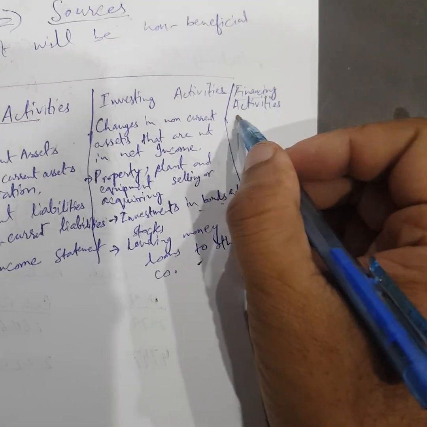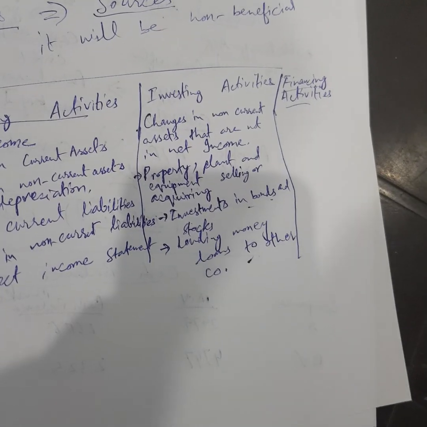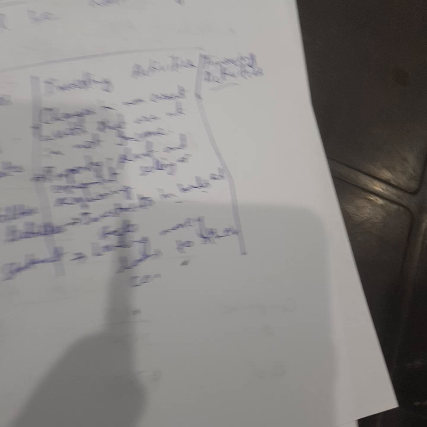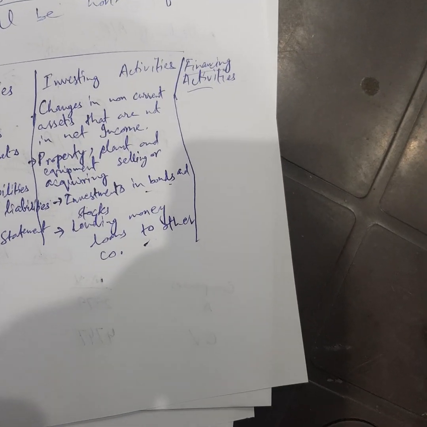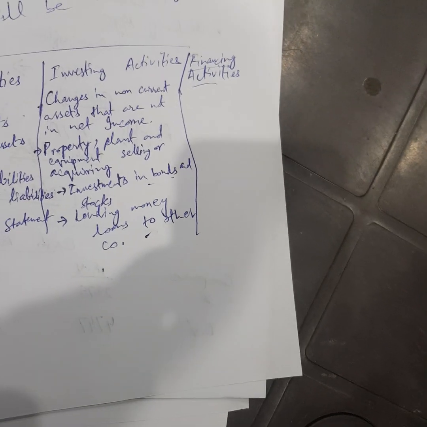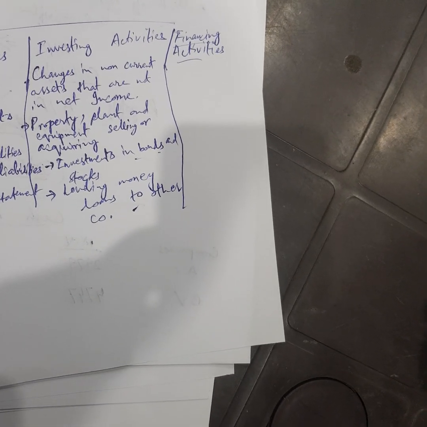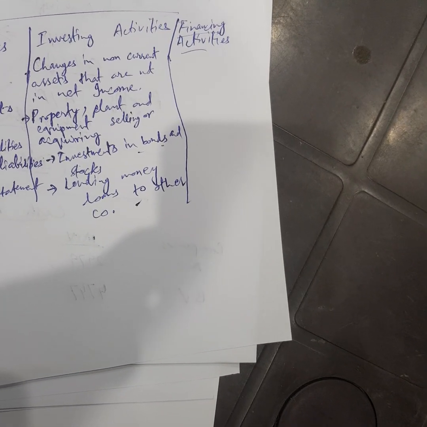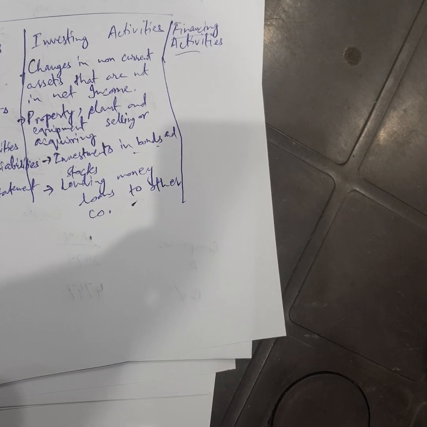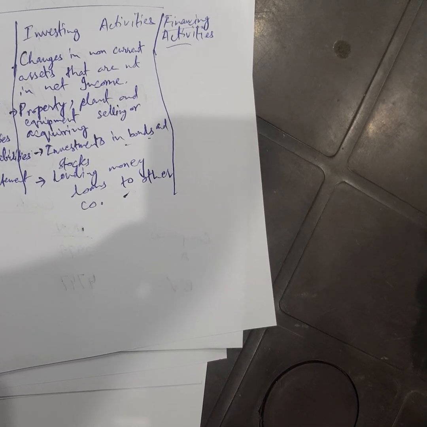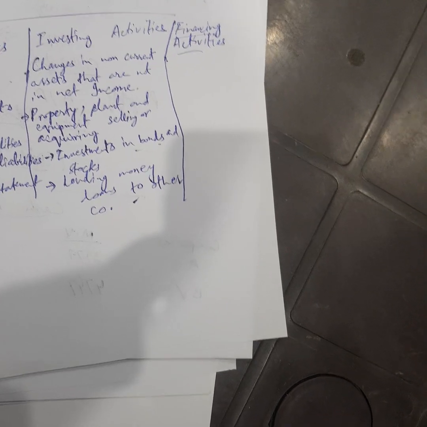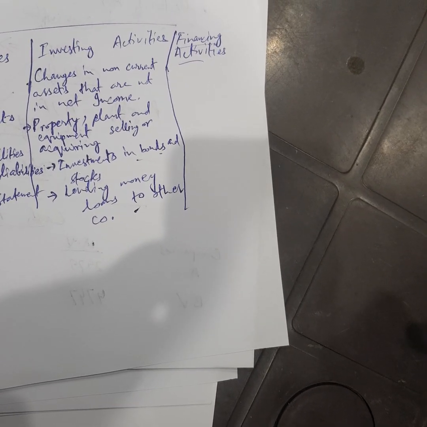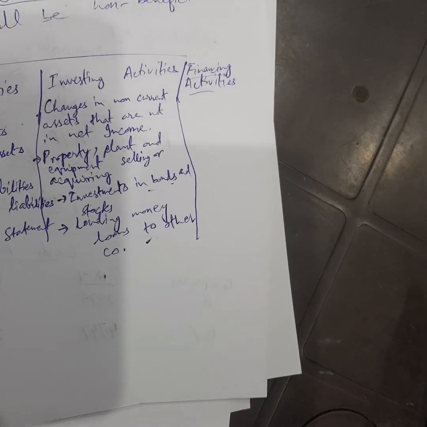Then comes financing activities. As you all know, finance is the arrangement of money. We can say borrowing from or repaying creditors and transactions with the company owners are classified here. It means whenever a company borrows money by issuing a bond, the transaction is classified as a financing activity.